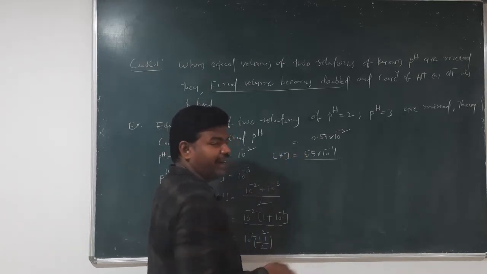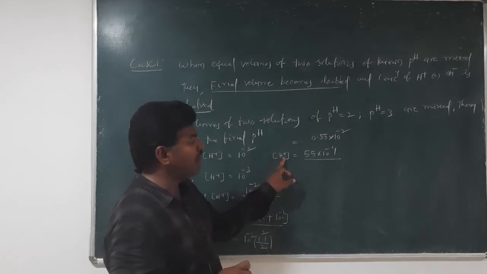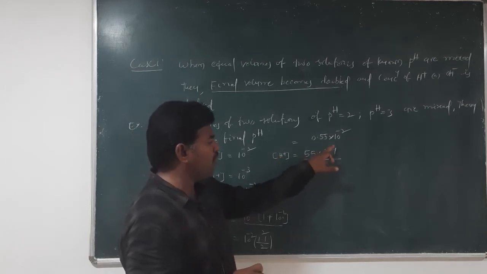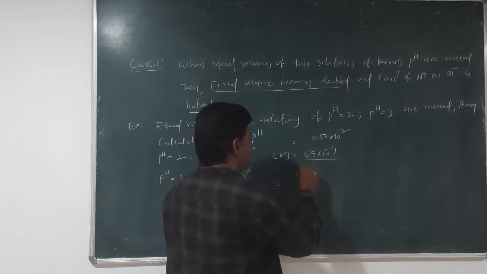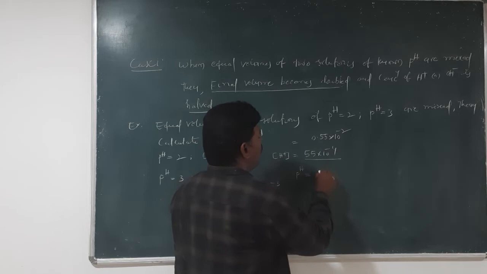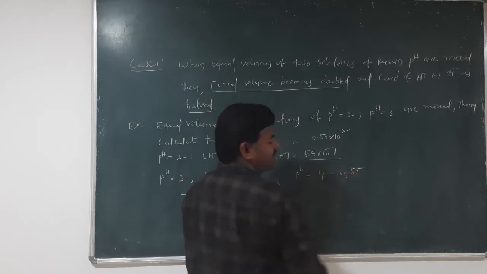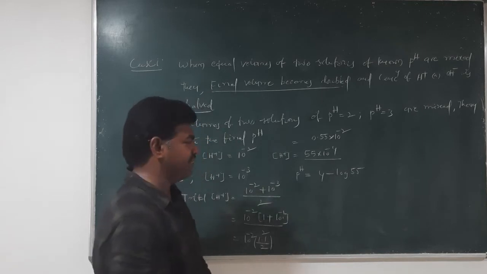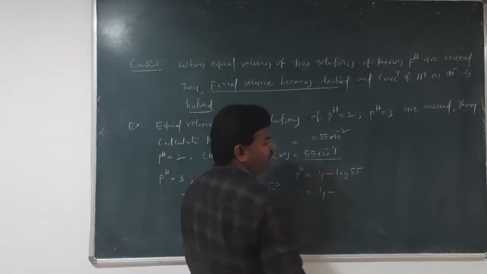Already I told you, if the concentration of H plus ions is x into 10 power minus y, then pH is equal to y minus log x. So, 4 minus log 55.